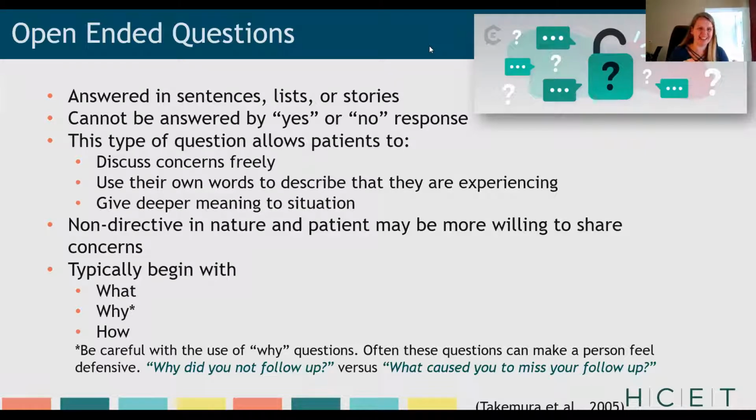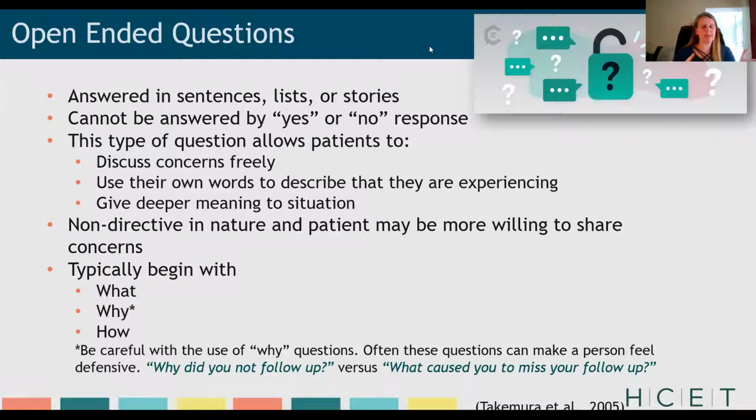And here's why. I want you all to be extremely careful when asking questions that start with why, okay? Questions that start with why are often questions that make a person feel very defensive. Usually, if you ask, well, why didn't you do this? There's a level of judgment there.